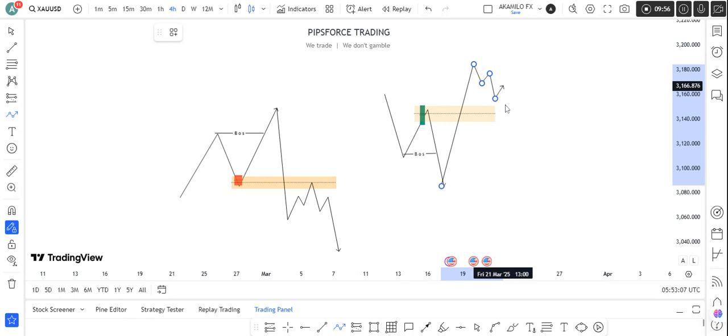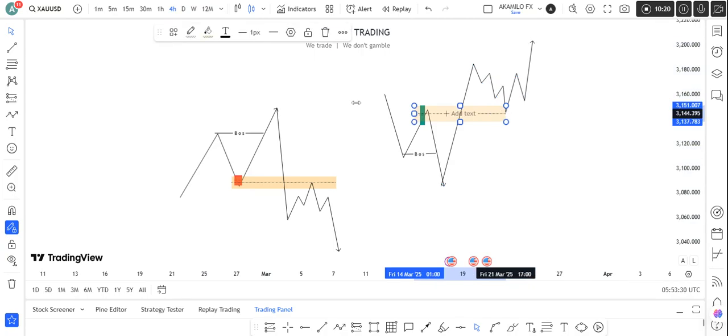So expect price to tap into this level, give us a market structure shift, and give us a retracement. Then we take a trade from there, then we continue moving bullish. This is how you wait to see a market structure shift in the smaller time frame.